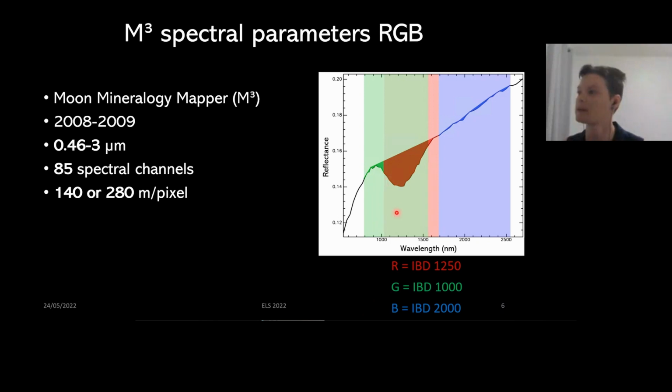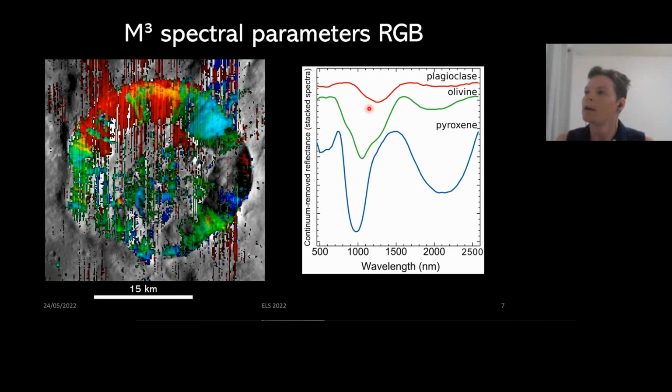The color composite is made using the area of the absorption band in the red region as red, in green the area of the absorption band in the green region, and in blue the area of the absorption band in the blue region. In this case, it's non-existent. So we end up with a color composite that looks like this for Proclus crater.